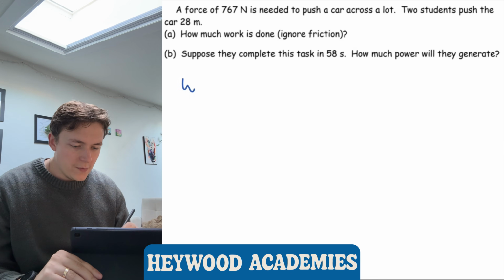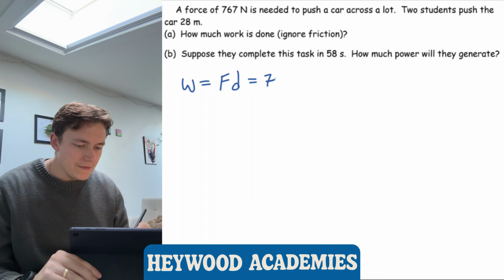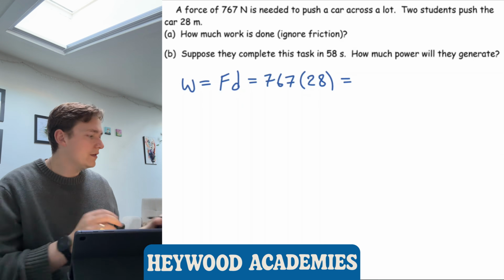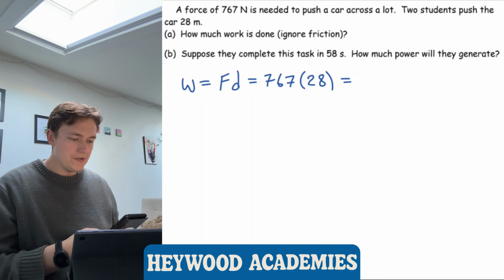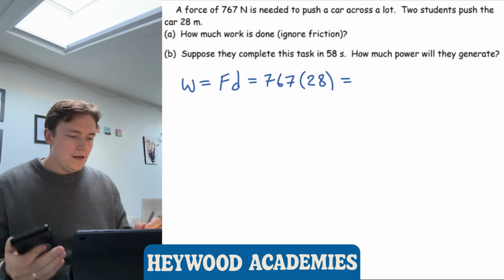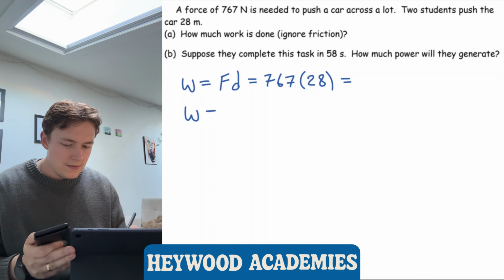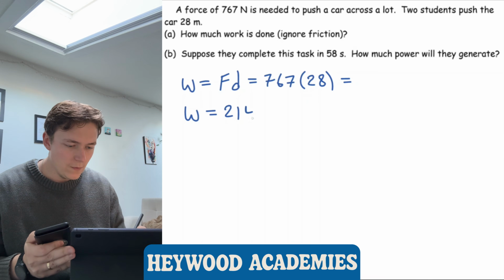Okay, so first up, work is equal to force times distance. So the force that they applied was 767 newtons, and the distance was 28 meters. So we can just go ahead and plug those in, multiply those two numbers together, and that will give us 21476.